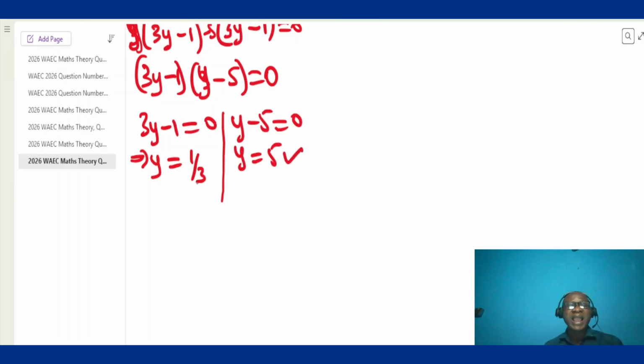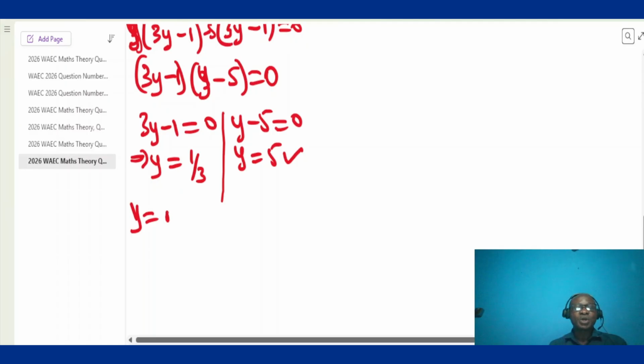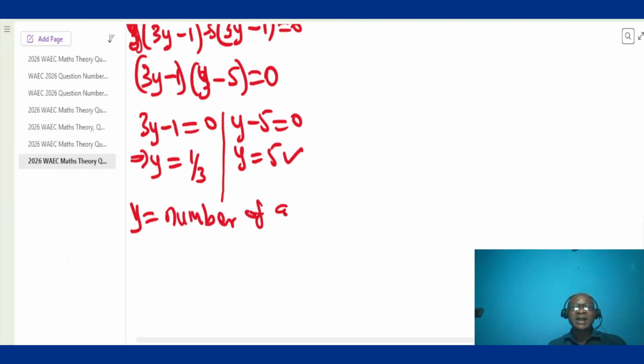Mind you, y represents number of articles. y is equal to number of articles sold in a particular day, so it cannot be a fraction. You cannot get an article and break it into 3 pieces and begin to sell in pieces.